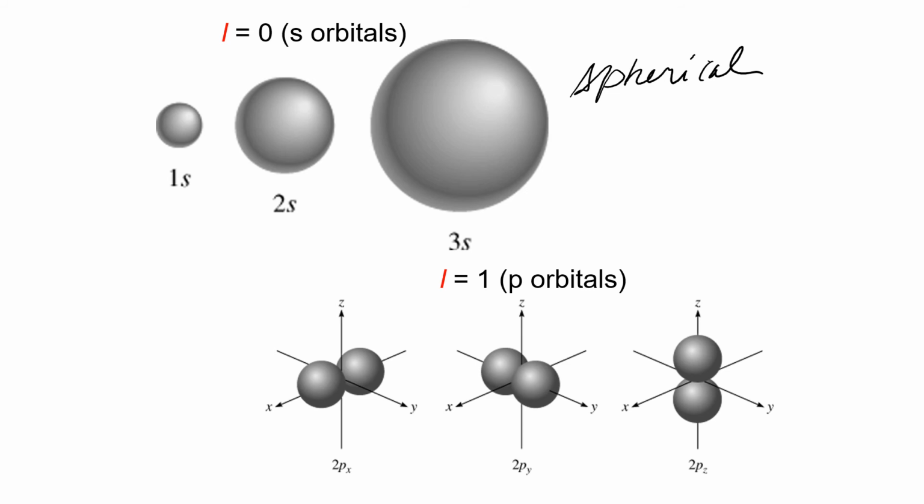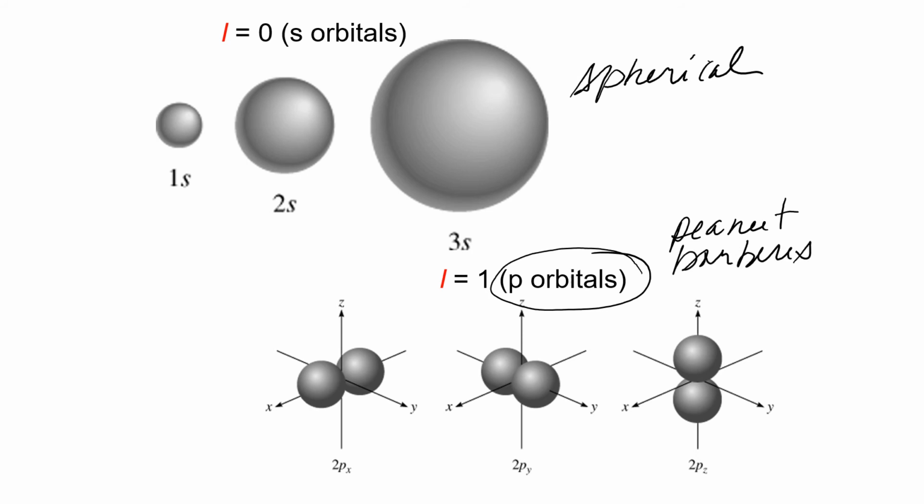If L equals 1, we're in a p orbital. And you could describe them in a couple of different ways: peanut-shaped, barbells, or dumbbells.